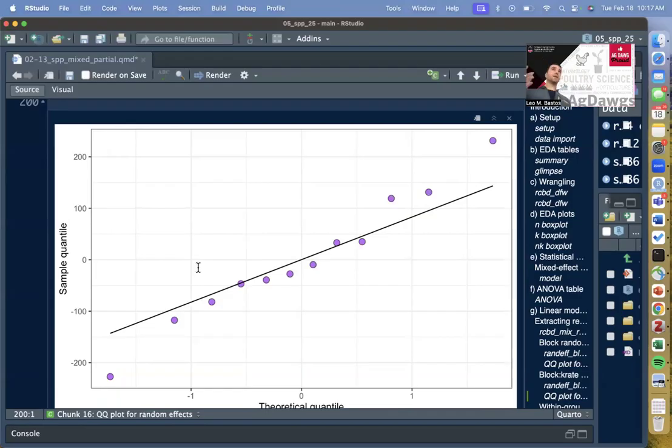Okay, so we have 4 blocks, so we have 4 data points for the residuals of that variance. And then we have 12 for the whole plot, because that is the whole plot nested in block, right? Or I'm sorry, we have 3 levels of potassium and 4 levels of block.